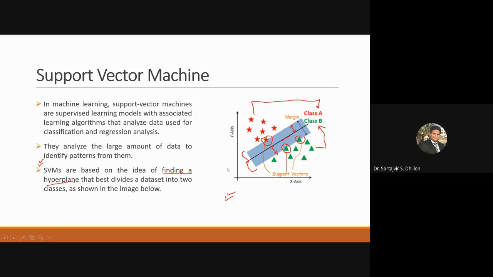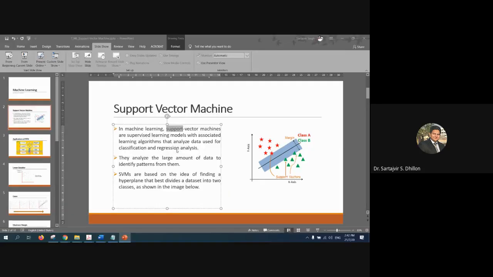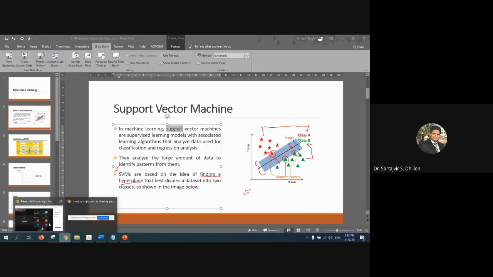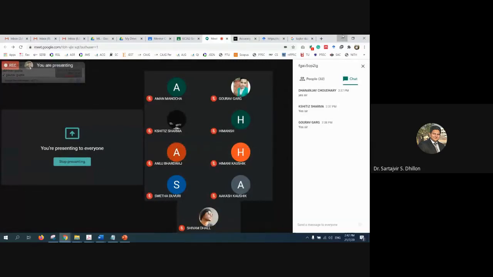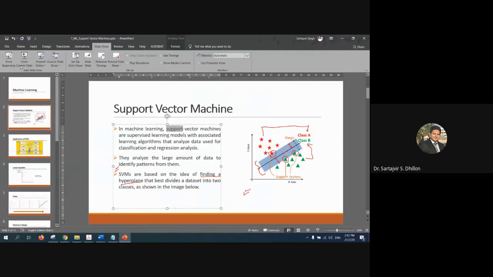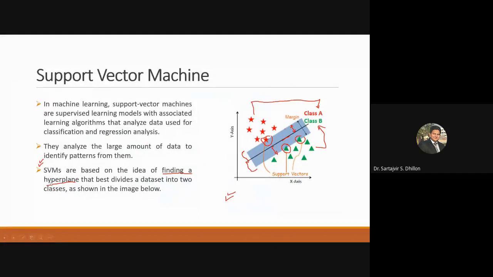So you must remember this point: what is the basic idea behind the SVM, and why we are using this hyperplane? Basically, this one is used to divide the data set into two classes.